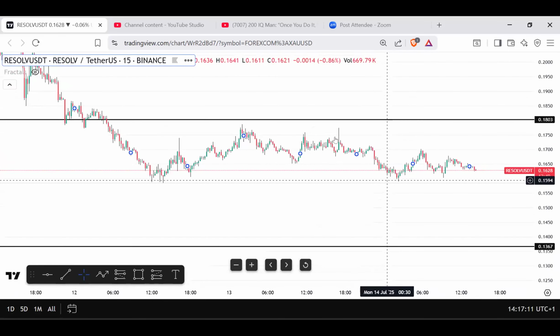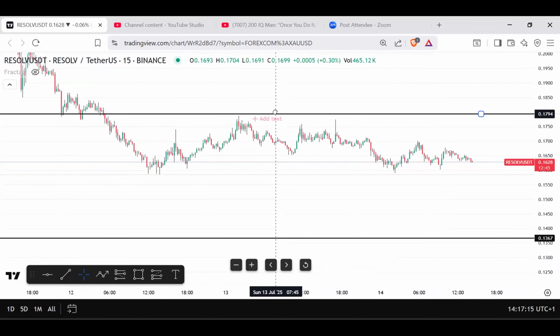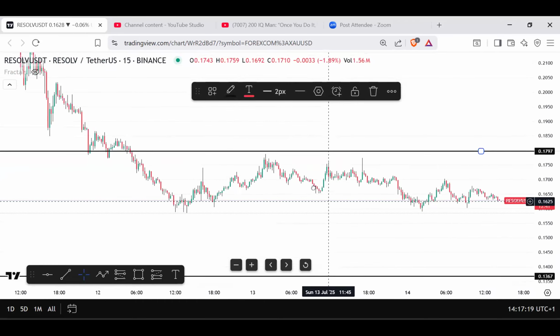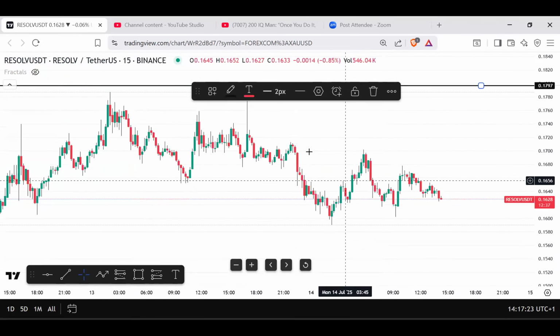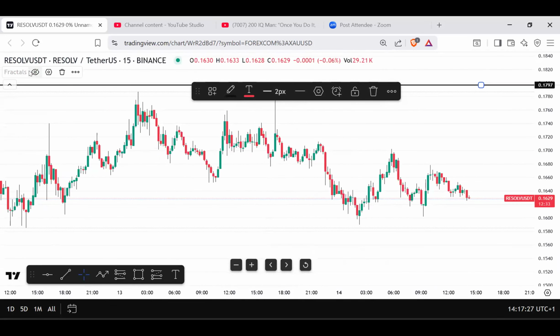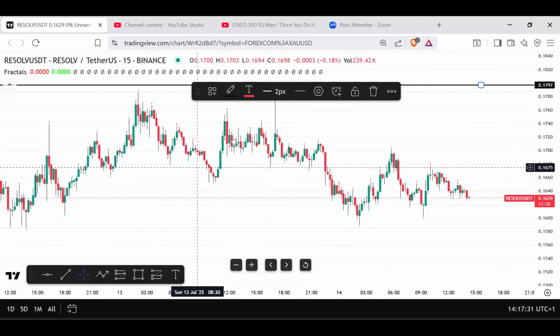First, this is the key level from the 4 hour, the black line. I can still identify key levels on the 15 minute. So we have something like this.